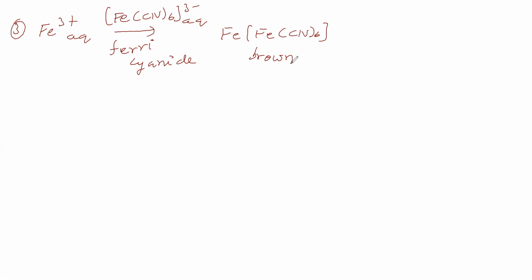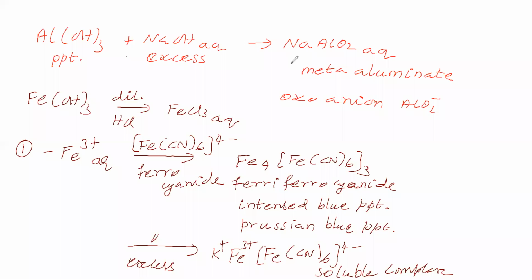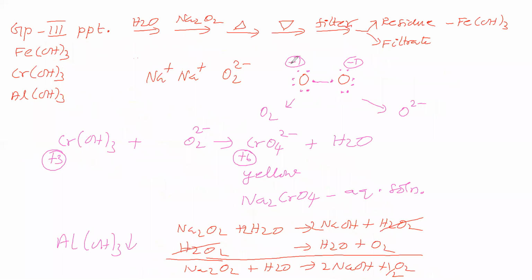Group 3 precipitate we convert into one residue and one filtrate. The residue contains Fe(OH)3, and we have seen how to analyze it. How to analyze the filtrate? We have to see what the filtrate contains: either sodium chromate or sodium metaaluminate.